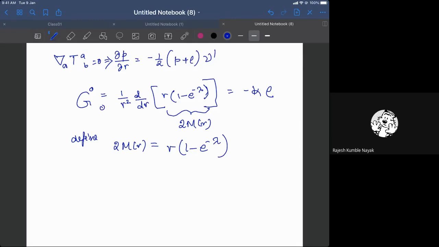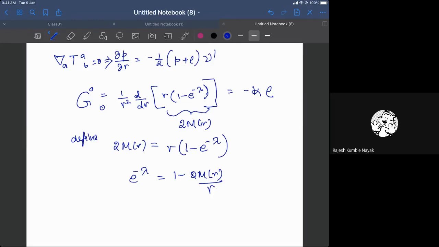Or if you look at it the other way, you get e to the power minus lambda is equal to 1 minus 2m by r. So this is by definition. You see that this comes from the Schwarzschild. Do you get the idea?